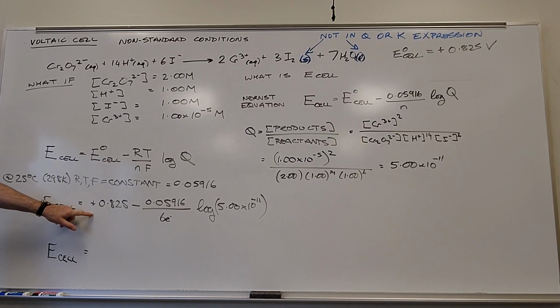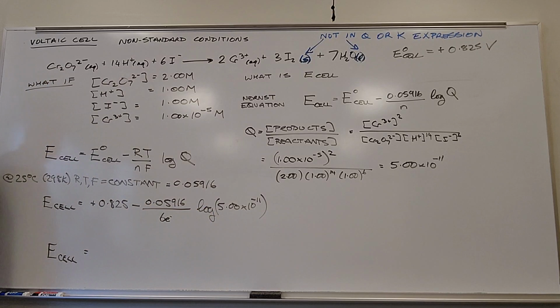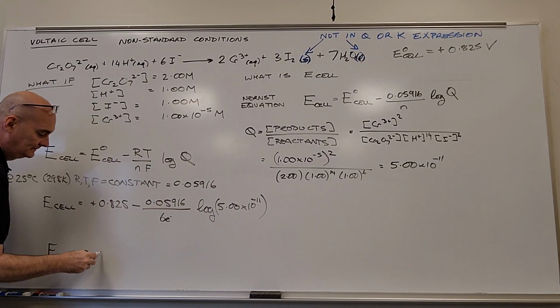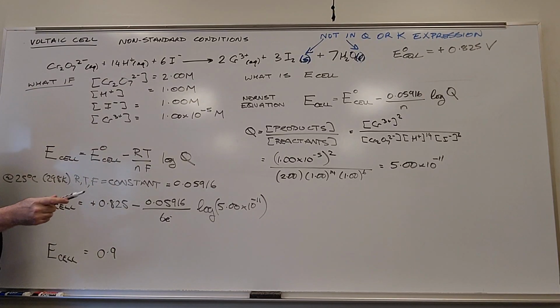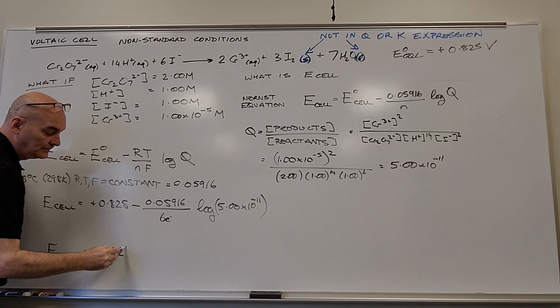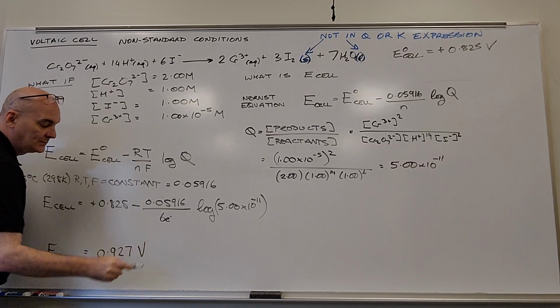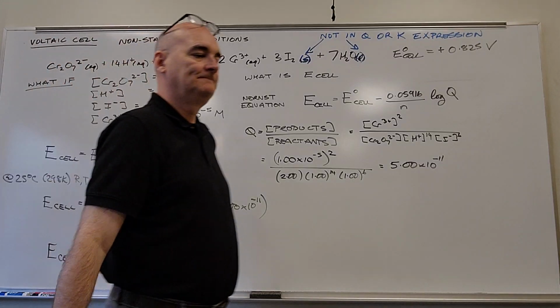Make sure it makes sense. So I have a positive number and I'm subtracting a negative number from it. So 0.926. The number I've got written down is a little different because I used a different reduction potential. Yeah, 0.926 volts, positive. There you go.